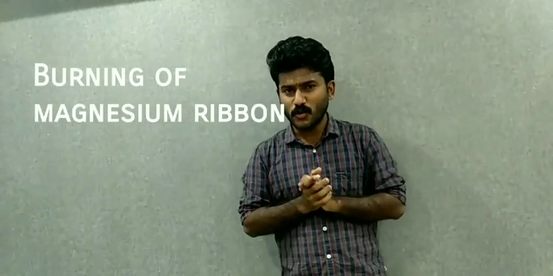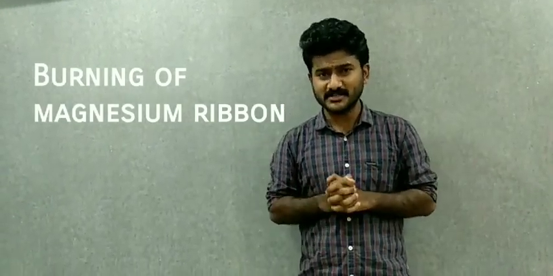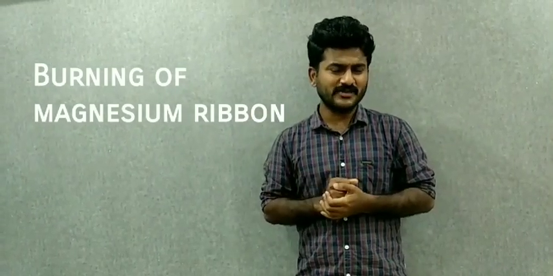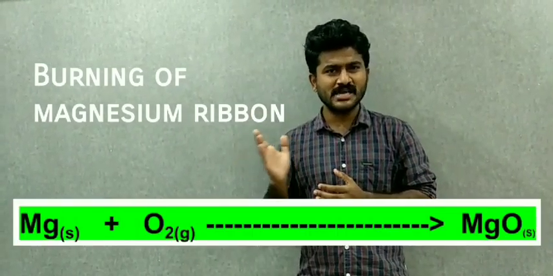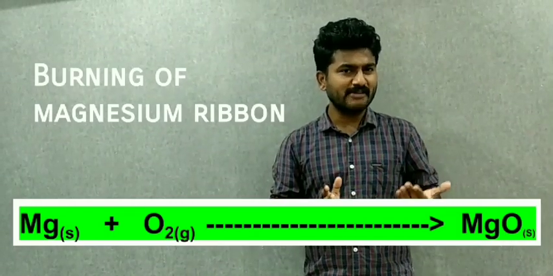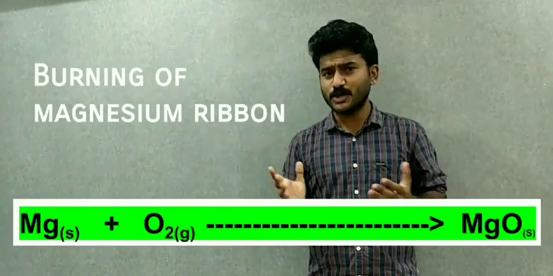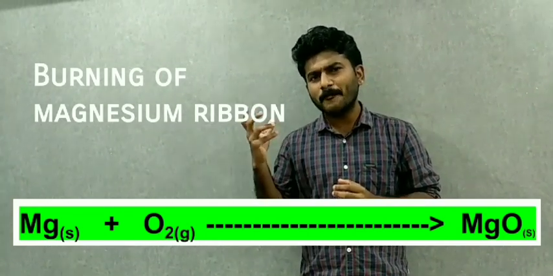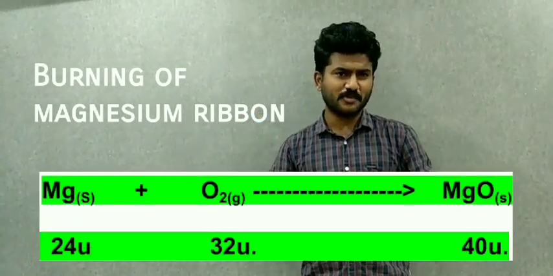Let me recall one experiment that we have already discussed, that is burning of magnesium. In that, the equation was Mg plus O2 gives MgO. This is the word equation we have. If you observe the atomic mass of magnesium, what is the atomic mass of magnesium?